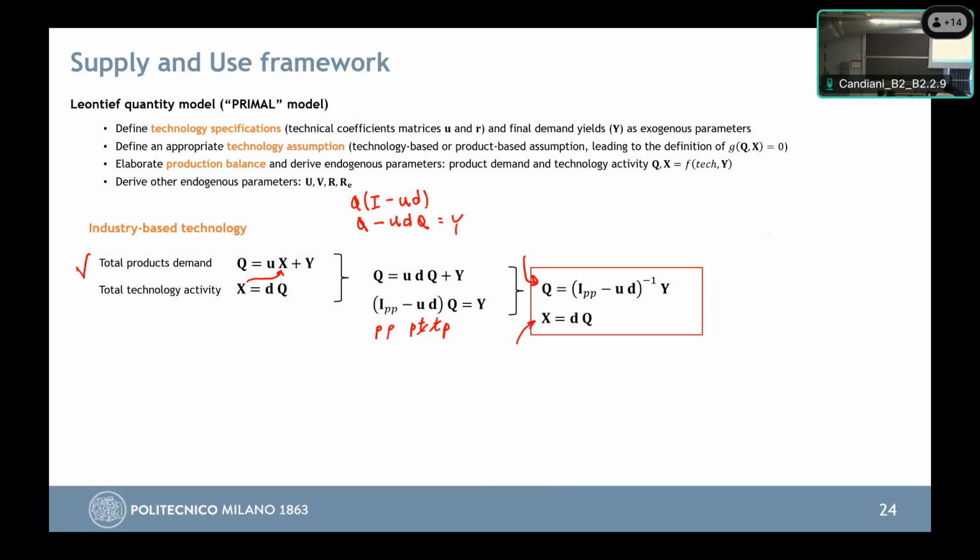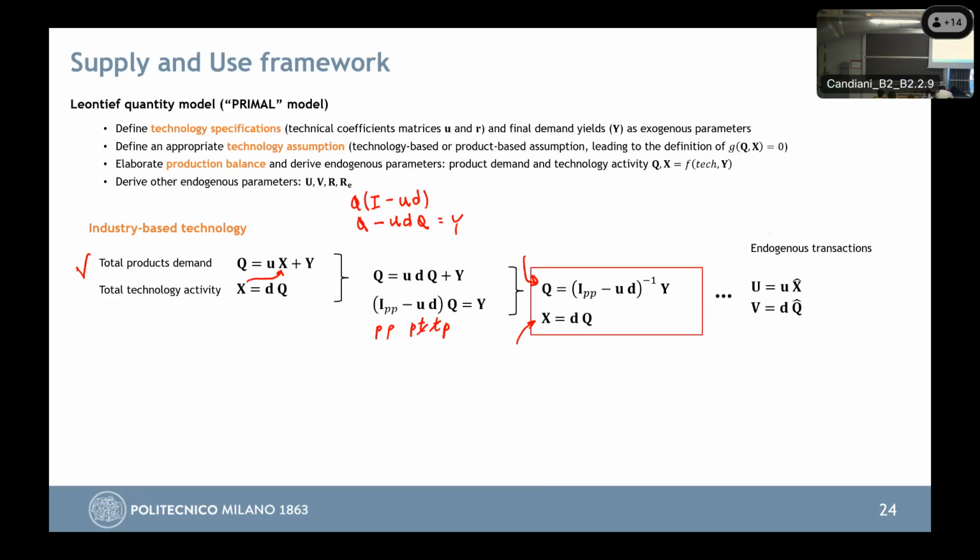Why is this important? Because then I know everything about the system: once I know Q and X, I can derive directly the use table, the U, just by multiplying the U coefficients times X, or the V table, V times Q. Then you can imagine also the other extensive quantities like the impact, the big R, that we'll see in the next slide.